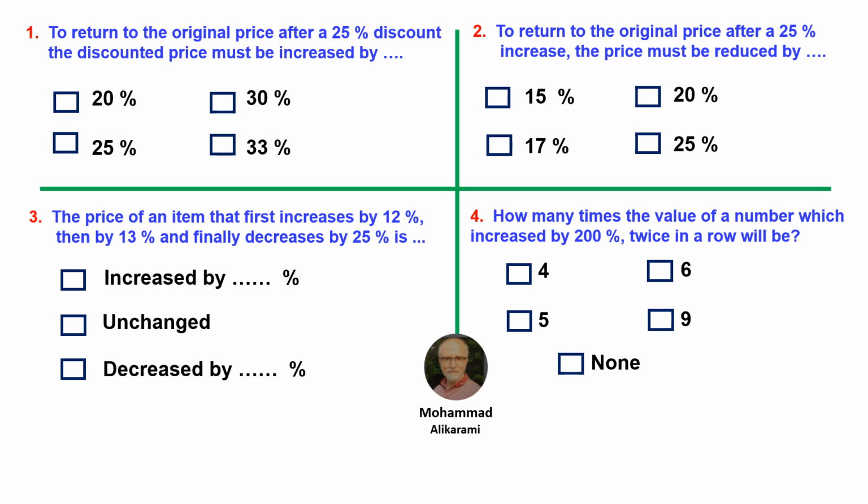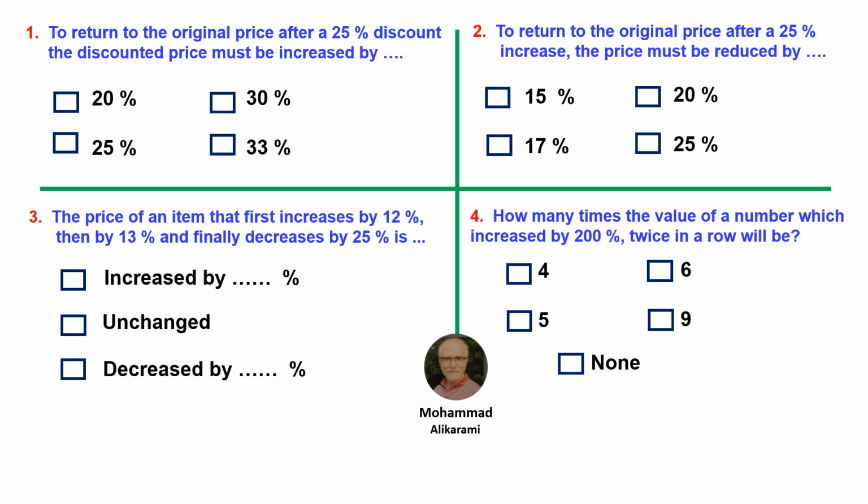Hello everyone. In this video, we go through 4 cases. In 2 cases, we increase or decrease the value by a certain percentage, and we want to see by how many percentage we have to change the product to get back to the original value.